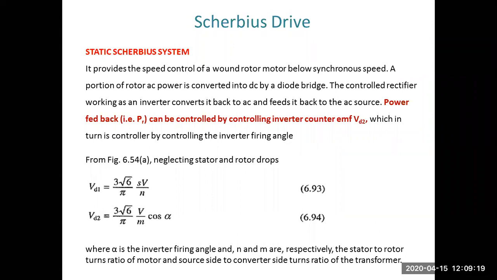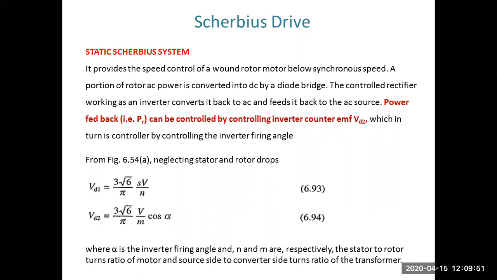So here we can see that both drives obtain the speed operation below the synchronous speed. No drive is obtaining the speed above the synchronous speed. But is it possible to do this? Yes. You can also control the speed above the synchronous speed, but for that you have to use a cycloconverter with the Scherbius drive, and that particular cycloconverter will operate in different modes: mode 1, mode 2, mode 3 and mode 4.